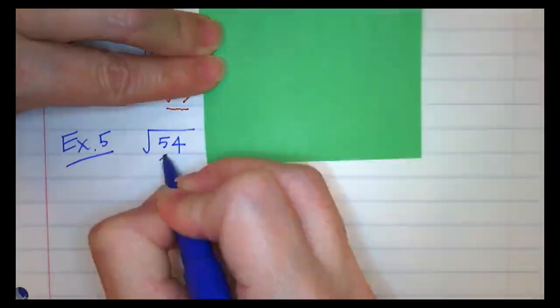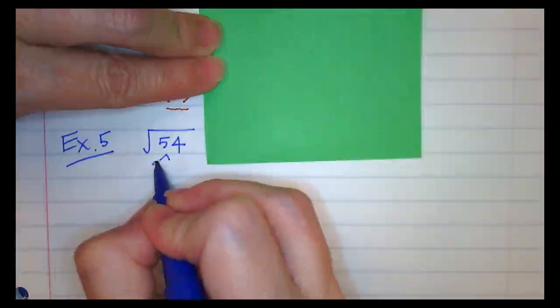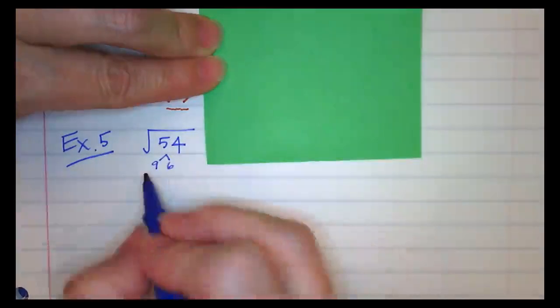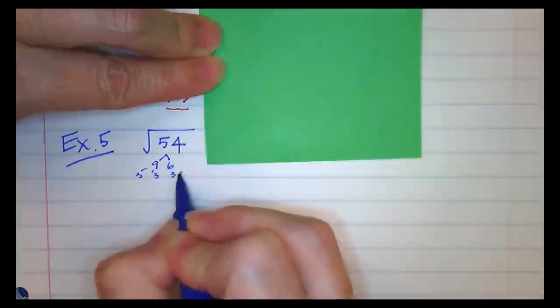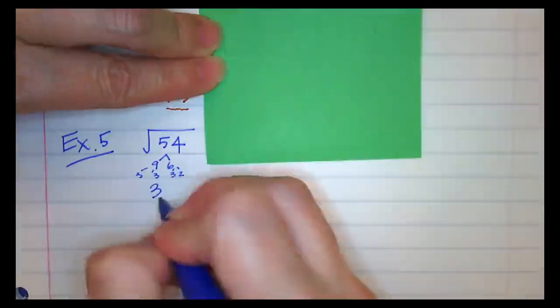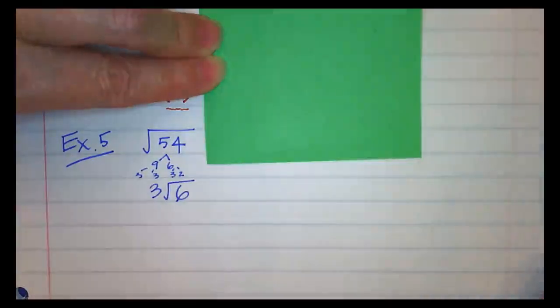Okay, so I'm going to think that 54 is 9 and 6, which would give me 3, 3, 3, and 2. So this is going to become 3 root 6. Okay, there's a pair of 3's.